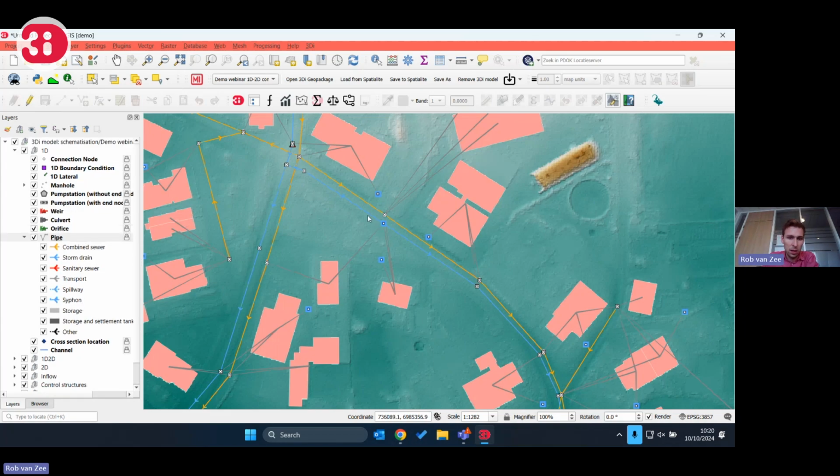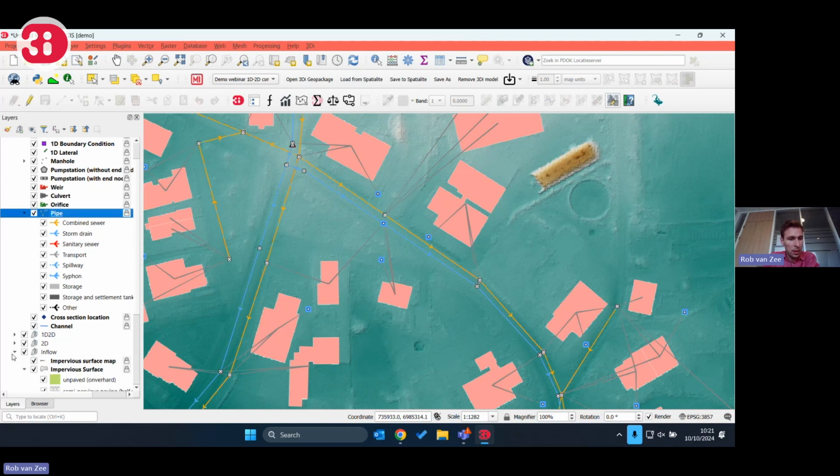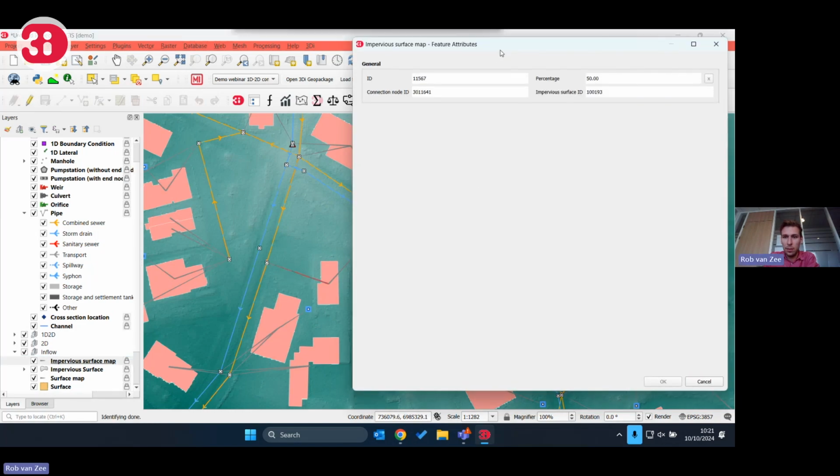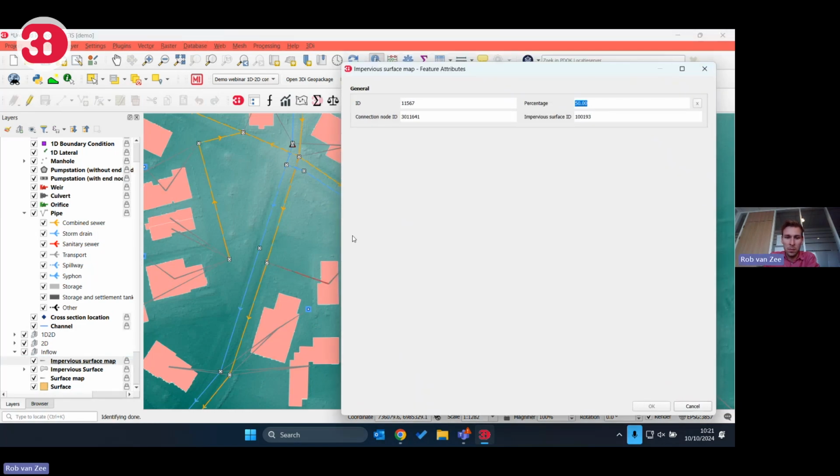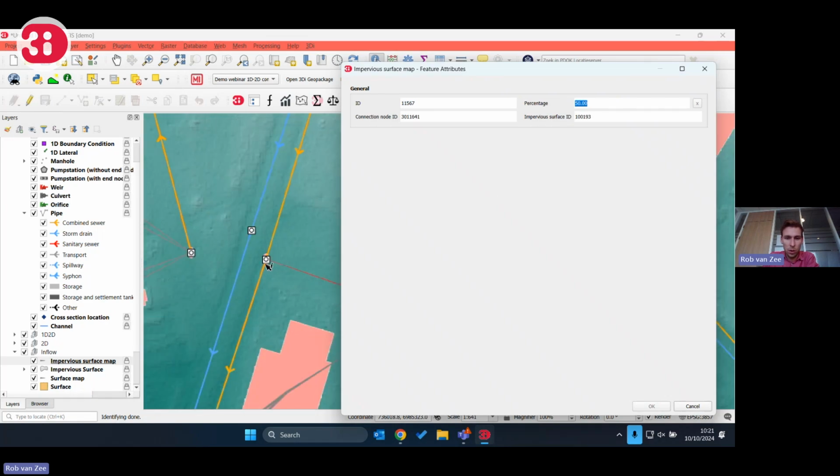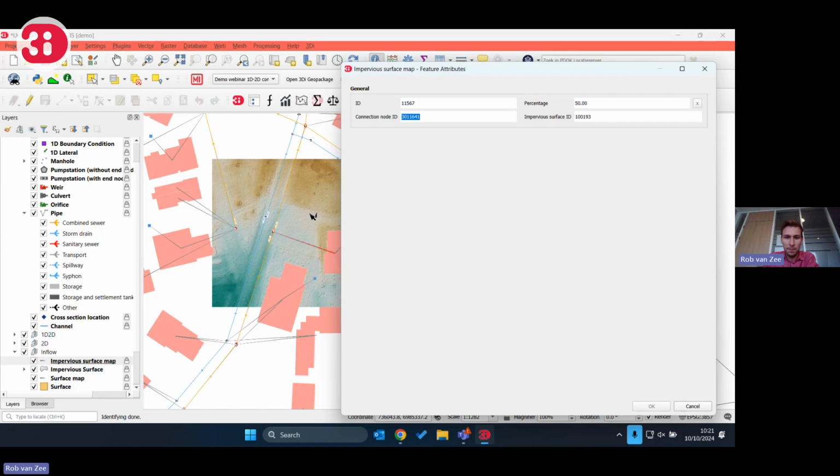Probably the front is going to the storm drain and the back is still going to the combined sewage. And here you can see in the impervious surface map that 50% of this roof is going to this connection node. The connection node ID of this one is probably this ID.